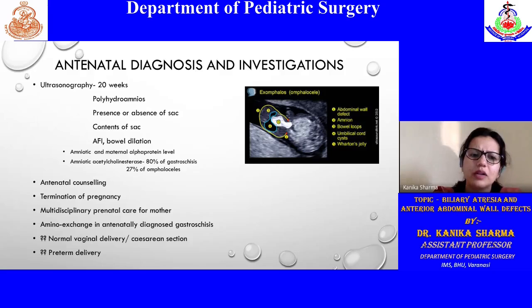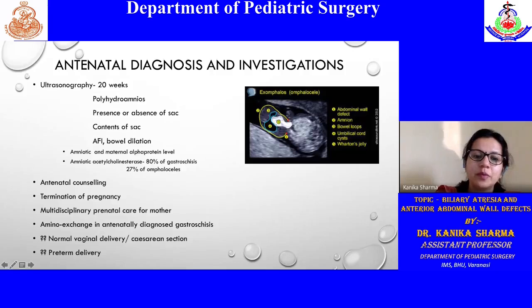Overall, by 20 weeks we may have an antenatal diagnosis of anterior abdominal wall defects. They may have associated polyhydramnios. There may be presence or absence of a sac depending upon the condition. One has to look at the content of the sac, and also associated bowel dilatation. Bowel dilatation is mostly seen with gastroschisis, where the bowel is exposed to amnion and the changes are taking place or the edema is there.